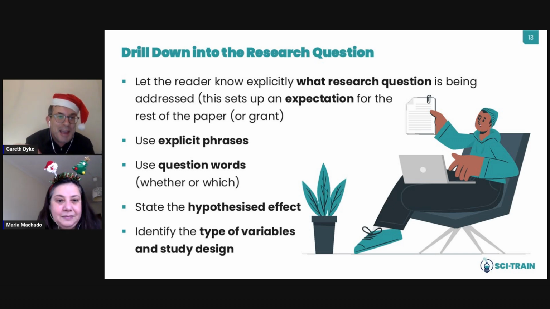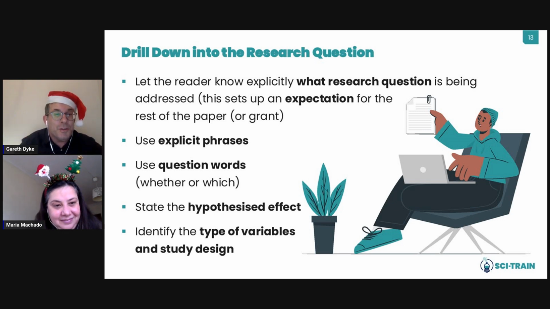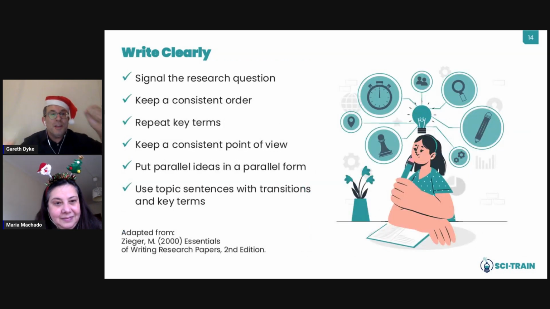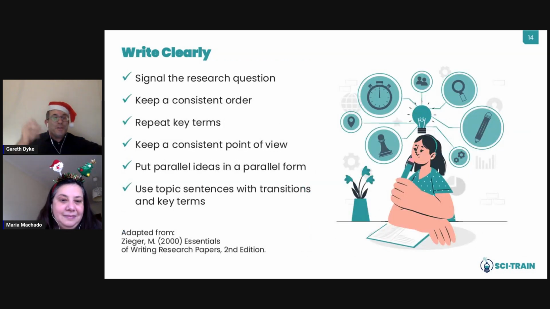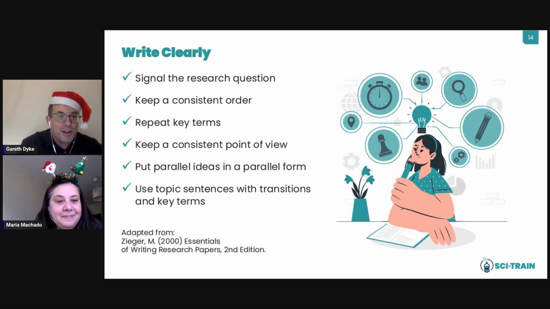As Maria was saying, academic English is often a little bit different to your ordinary English, but set up your article so that people will find it interesting and will want to read more. And clear writing, very important, isn't it, Maria? Writing clearly, effectively, being consistent in your writing style as an academic. Confusion is one of the things that most annoy reviewers.